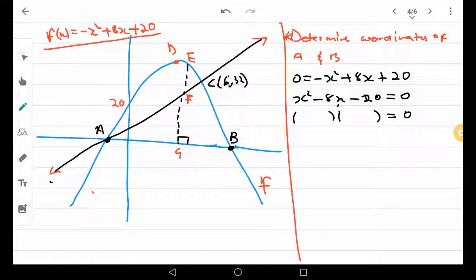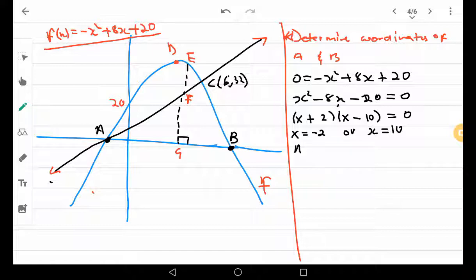So the factors are minus 10 and 2. It's just that it's easy to factorize if a is positive. Minus 10 plus 2. Therefore x is equal to minus 2, or x is equal to 10.